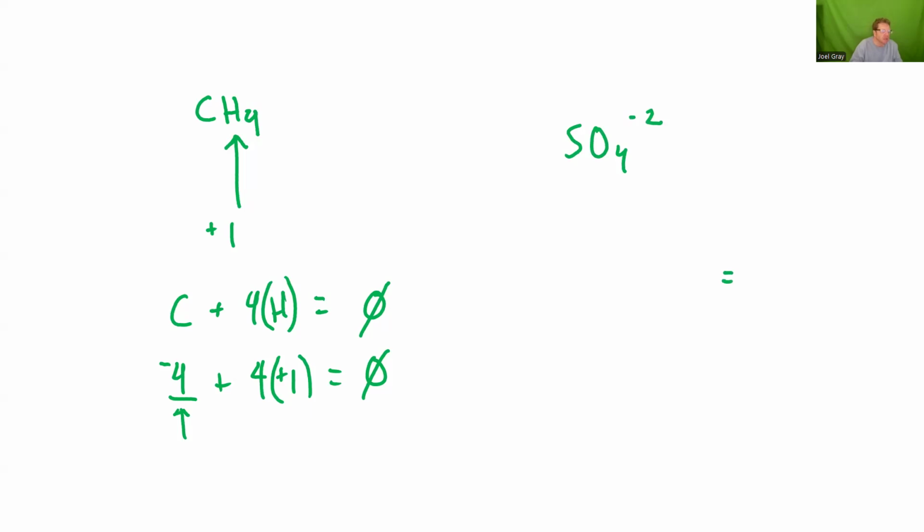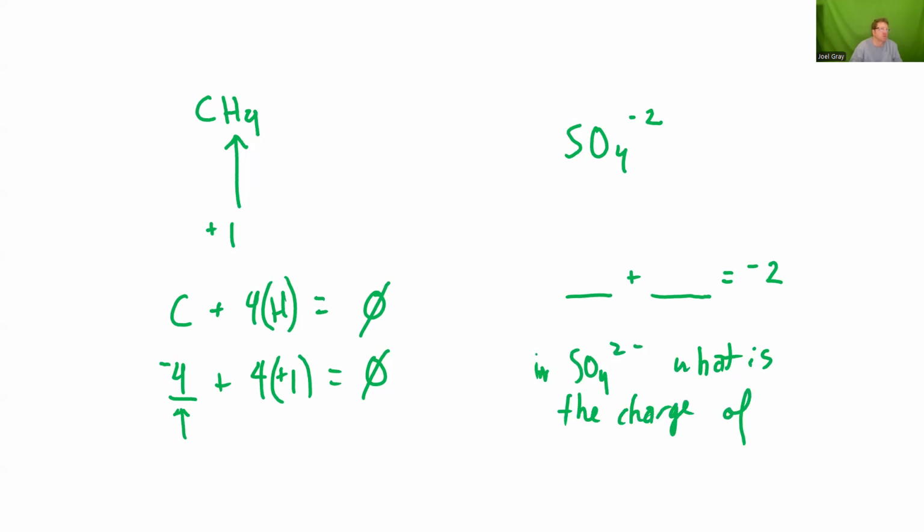So think about this as -2: the charges of the oxygens plus the charges of the sulfur. Okay. My question for you is in SO4 2-, what is the charge of sulfur?